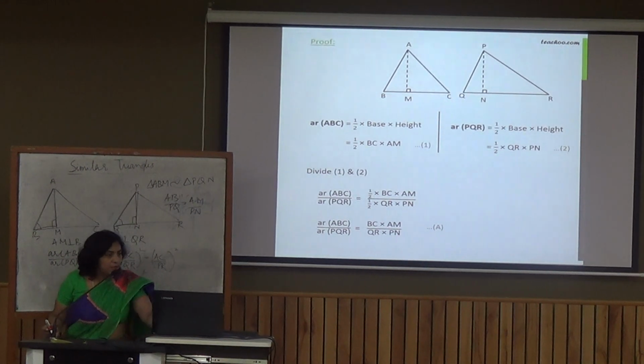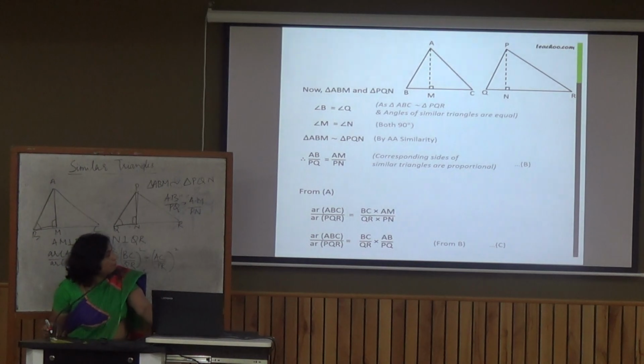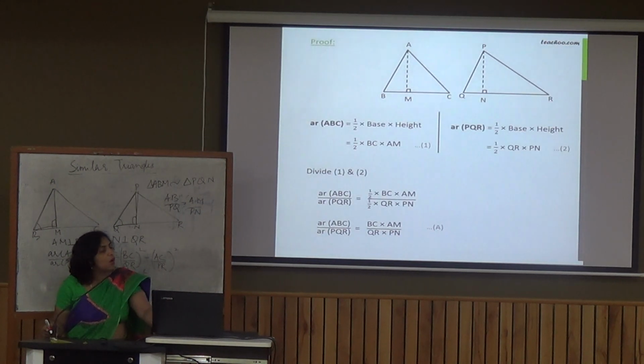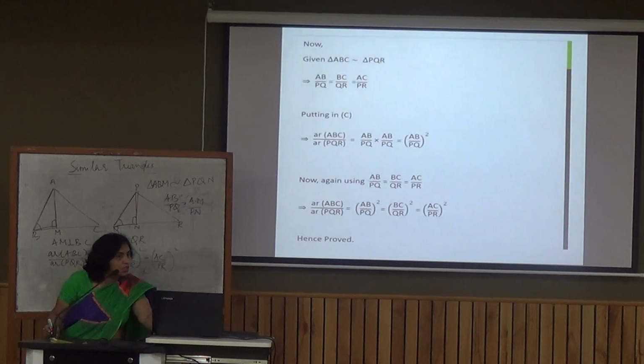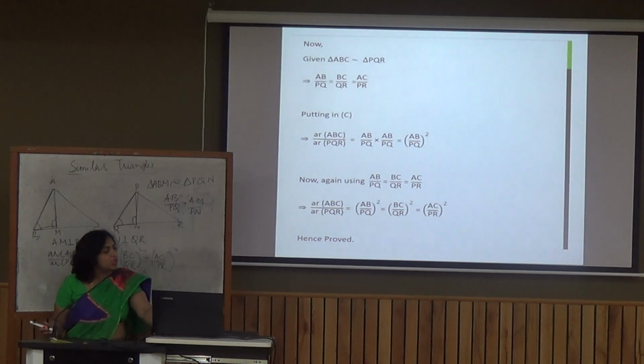When we replace AM upon PN by AB upon PQ, also BC upon QR is equal to AB upon PQ, because the triangles are similar. So we put all these in equation C to get area of ABC upon area of PQR as AB upon PQ into AB upon PQ, or the square of AB upon PQ. As we know, the triangles are similar, their ratios are in correspondence. So area of ABC upon area of PQR is equal to AB upon PQ square, or BC upon QR square, or AC upon PR square, which proves our theorem.